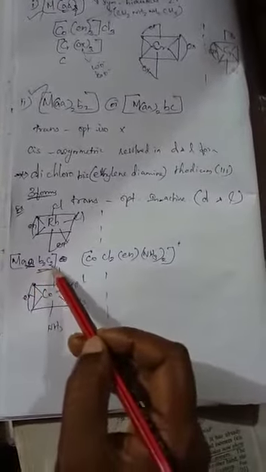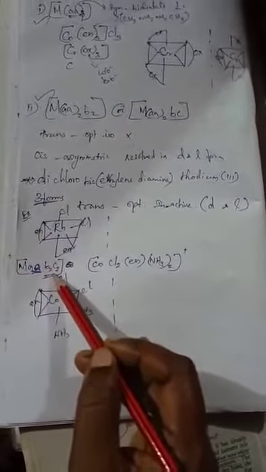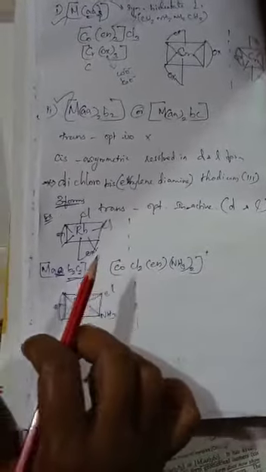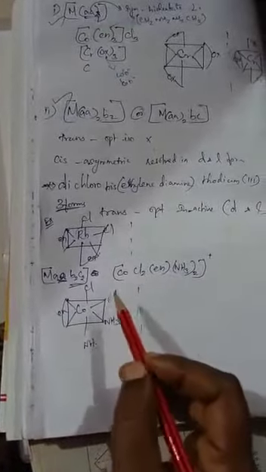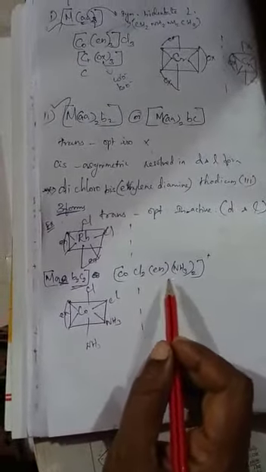See here, in the third case, M(AA)B2C2. This is one bidentate ligand and 4 monodentate ligands, meaning coordination number 6. Here in this case, CoCl2, ethylenediamine as the bidentate ligand, and 2 amine ligands are there. See here what will happen when the mirror image occurs.